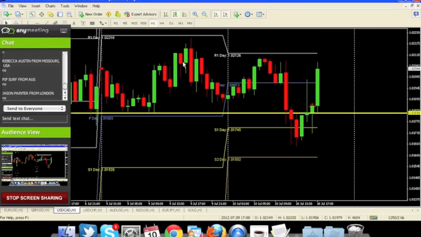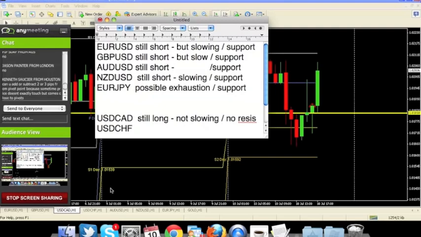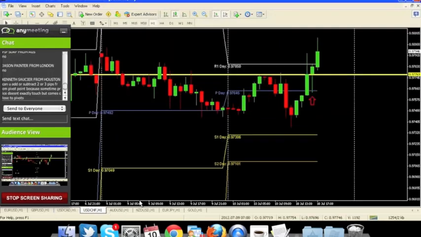No pivot line yesterday. No pivot line day before yesterday. Long. Still long. Not slowing. No resistance. Okay. US dollar CAD is telling us that it still got steam. It still wants to keep going. It's not tired. Going up.